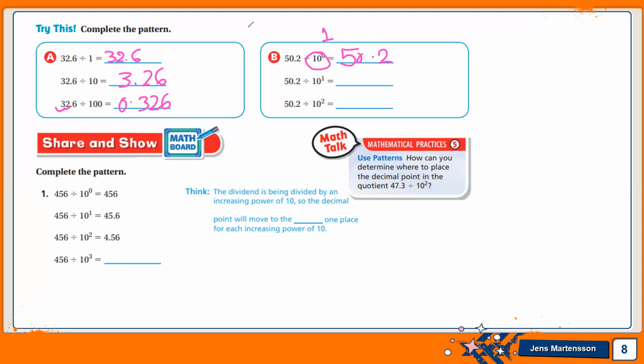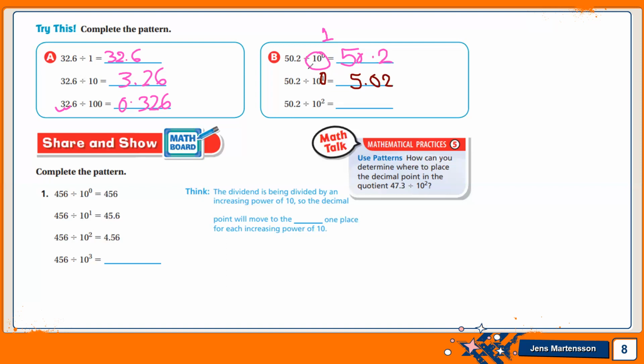Hunada. Yes, Hunada. 50.2 divided by 10 to the power of 1. Bravo. Thank you. 5.02. Thank you, Hunada.